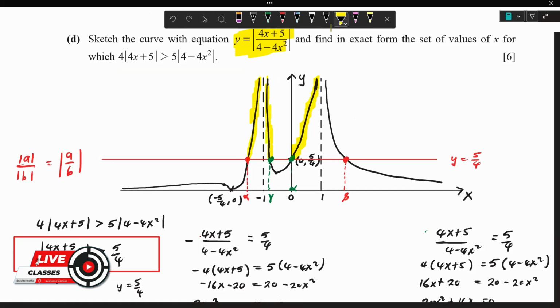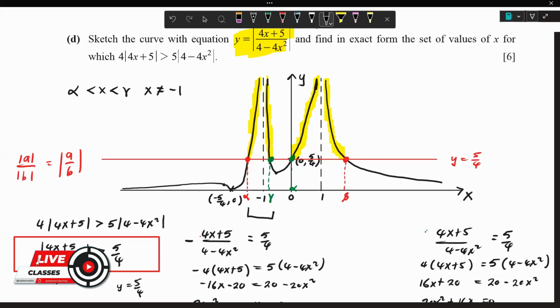So there are two inequalities. I mean, four. Yes, because we can say here that more than alpha, less than gamma, between these two, right? Yeah. And then alpha to gamma, but where x is not equal to minus 1, right? Yeah.